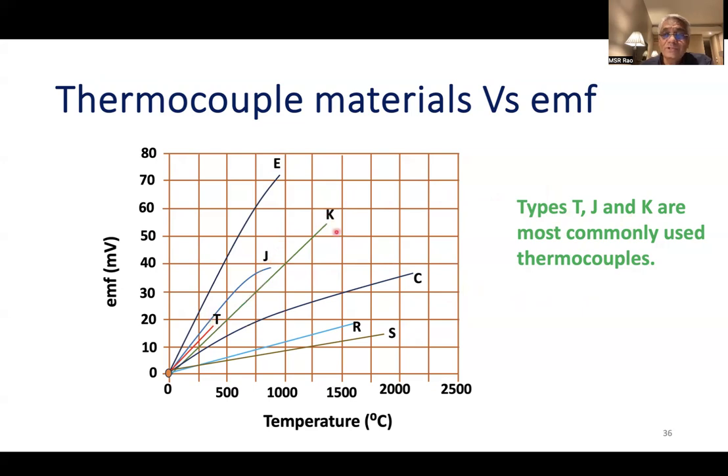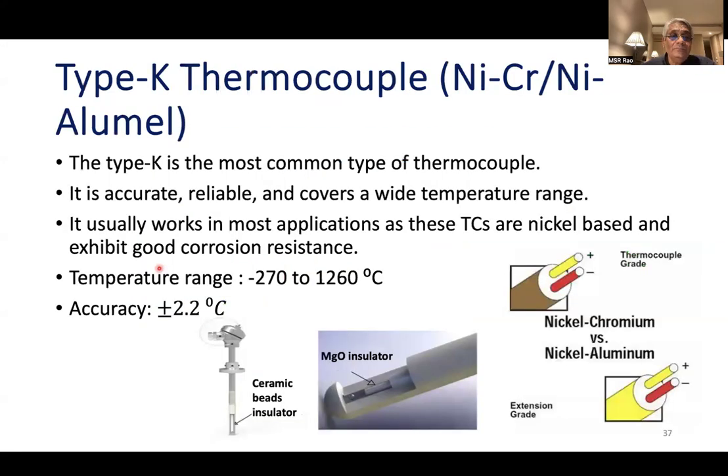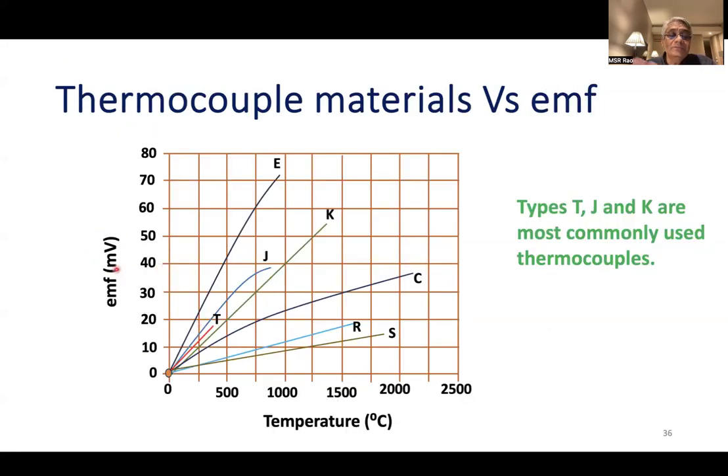What are their compositions? What are they made of? We'll see now. You see, the temperatures can range all the way from 0 to 2,500 degrees centigrade. And you see the EMFs generated, very low EMFs to a few tens of millivolts. And such EMFs you can easily read using millivolt meters.